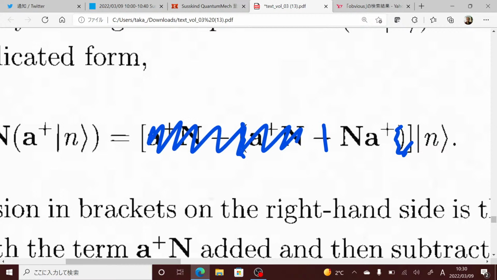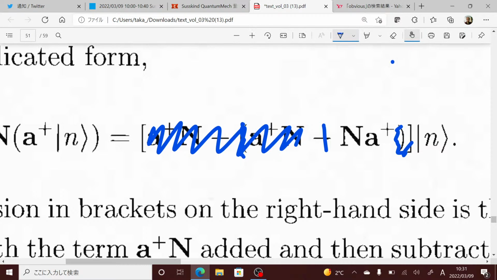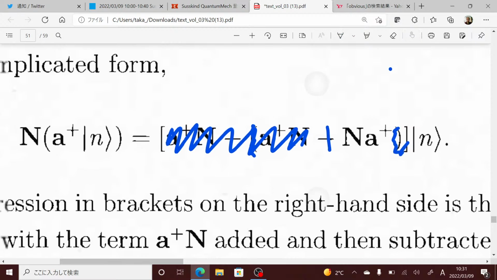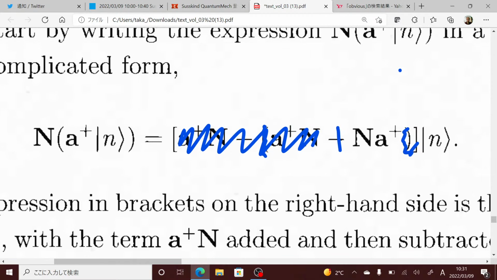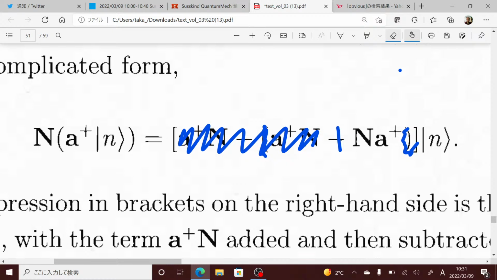So the left hand side and right hand side become the same.